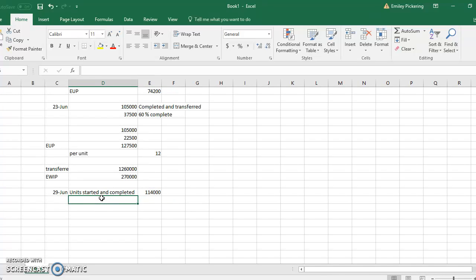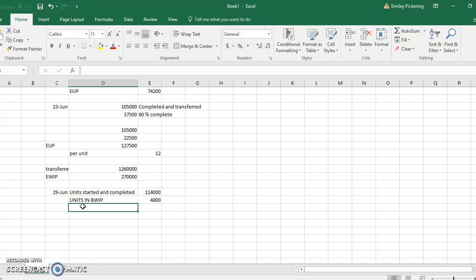So then the next part is the units in beginning work in process. Now, beginning work in process, they were already 80% complete. So I only have the remaining 20% to account for. So I'm going to take my 24,000 that were sitting in beginning work in process, and multiply that by the remaining cost that's left, which is only 20%.